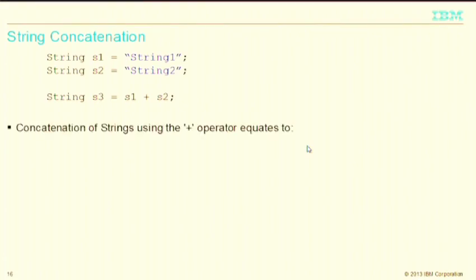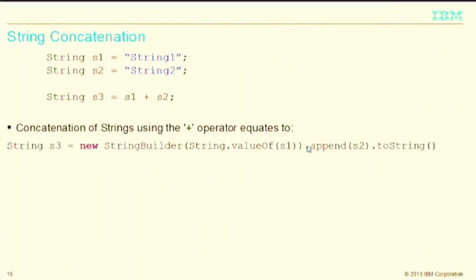Now, when you run the compiler for this, it takes that plus operator and actually converts it into string S3 equals new StringBuilder, so it creates a StringBuilder, gets the value of the string for S1, appends S2 to that, and then creates a new string with the results. And you can actually see this if you run javac against it and then run a decompiler or run javap, the probe. It will tell you that this is what's actually happening under the covers.